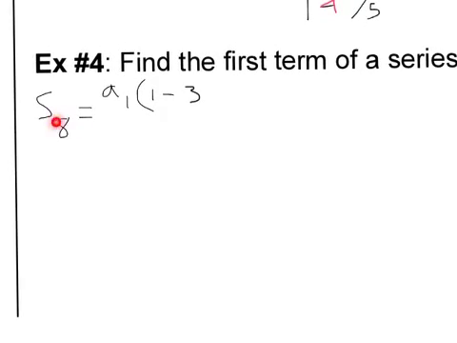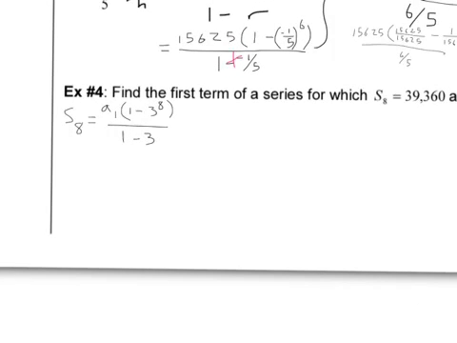What's my n value? They tell me right here it's 8, over 1 minus r. And they also told me my S of 8 value, didn't they? 39360. So this whole thing actually equals 39360.